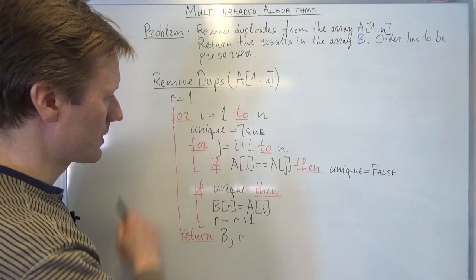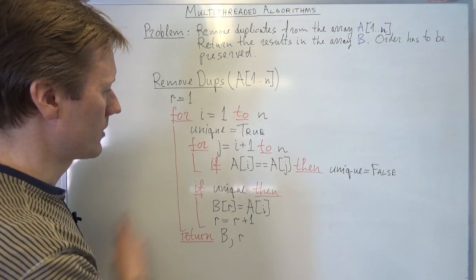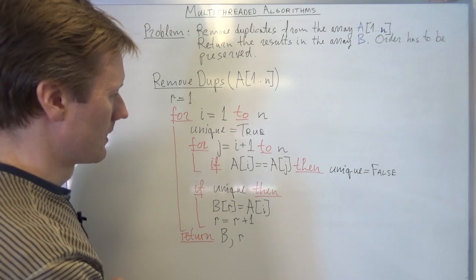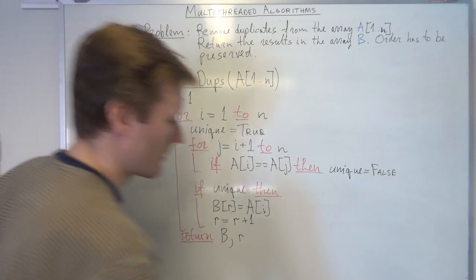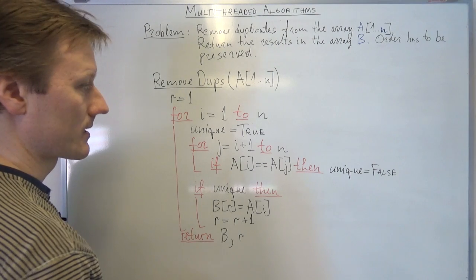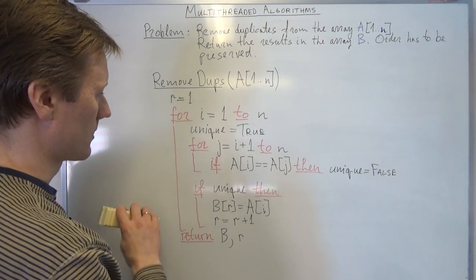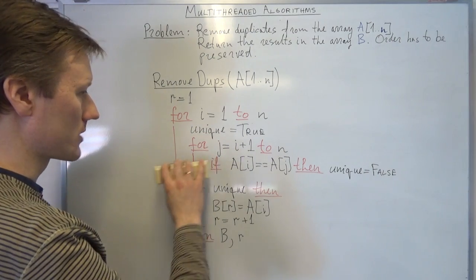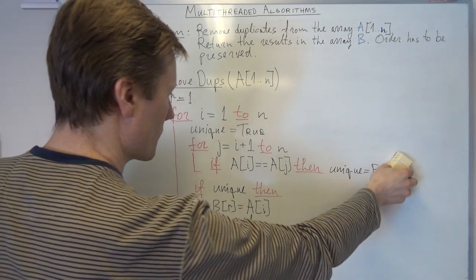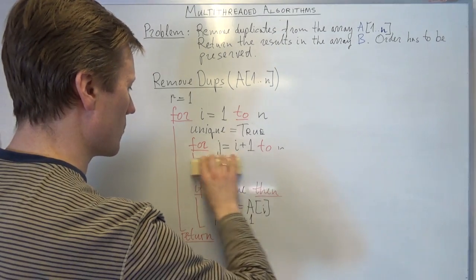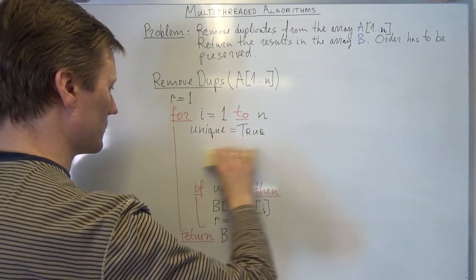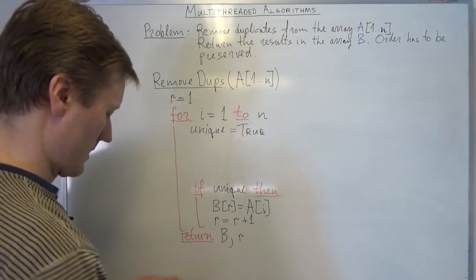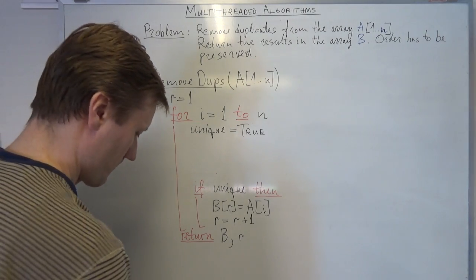But what we can do is rewrite this into a parallel divide and conquer algorithm that would correspond to this loop. So let's do that. Let's see whether we can rewrite this as a divide and conquer procedure.